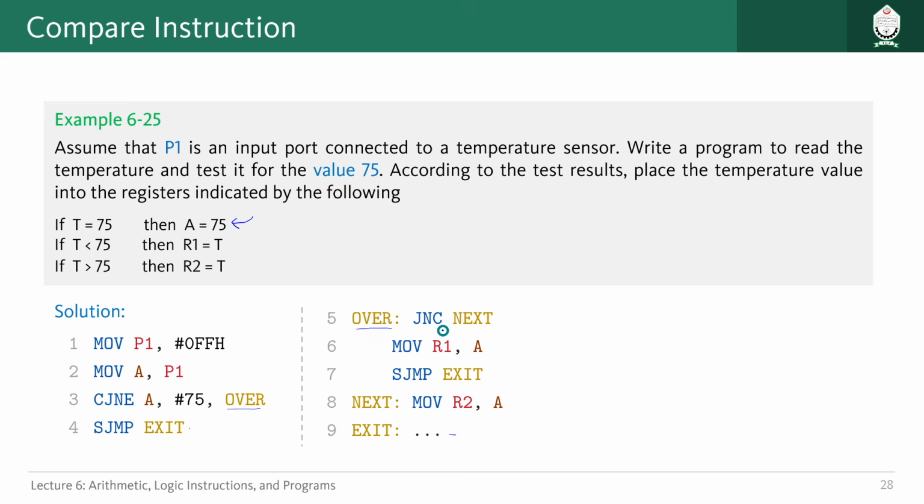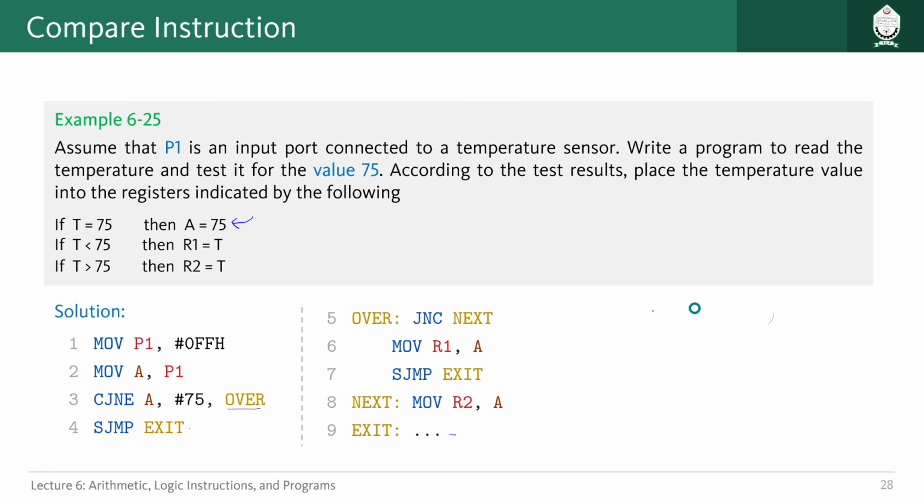Which are, if it is greater than 75, we have to do one thing. If less than 75, we have to do another thing, right? So what they're saying here is jump if not carry, because we know after this instruction is executed, based on the value which is larger or smaller, the carry flag will be set.